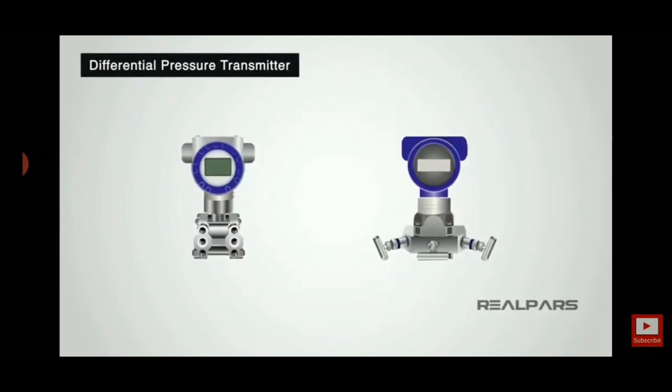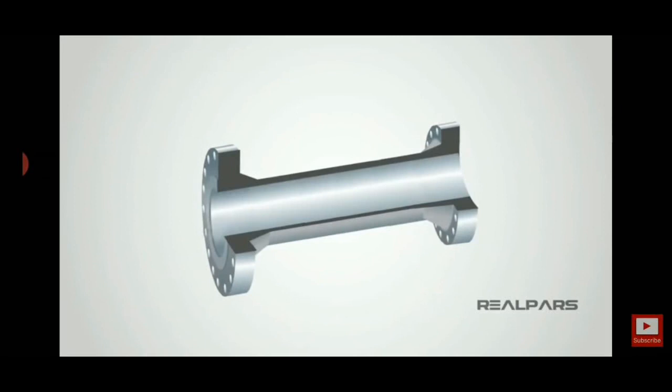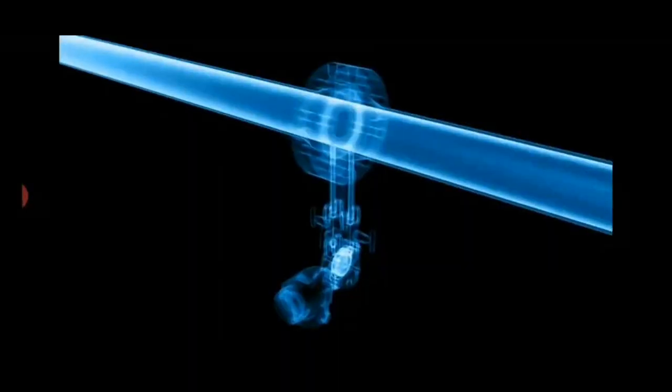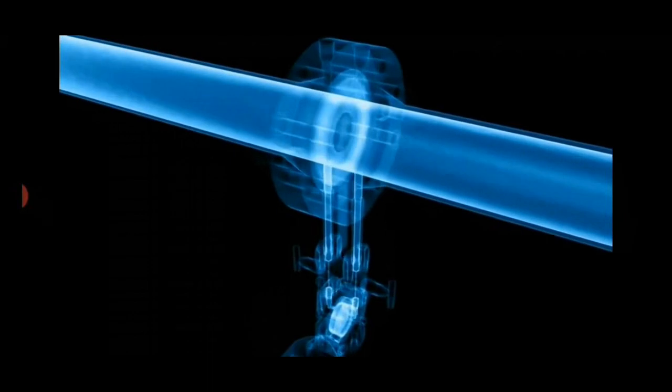So the differential pressure transmitter works depending upon the differential pressure of 2 points. So it is used widely for measuring level and flow of any fluid, right? In a fluid line it is situated like this.